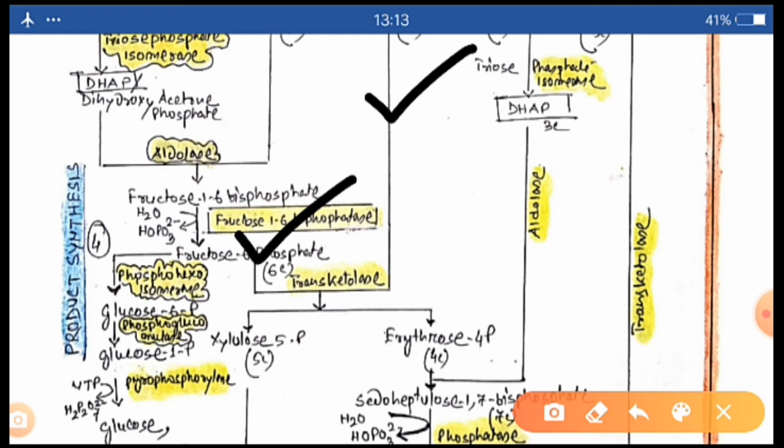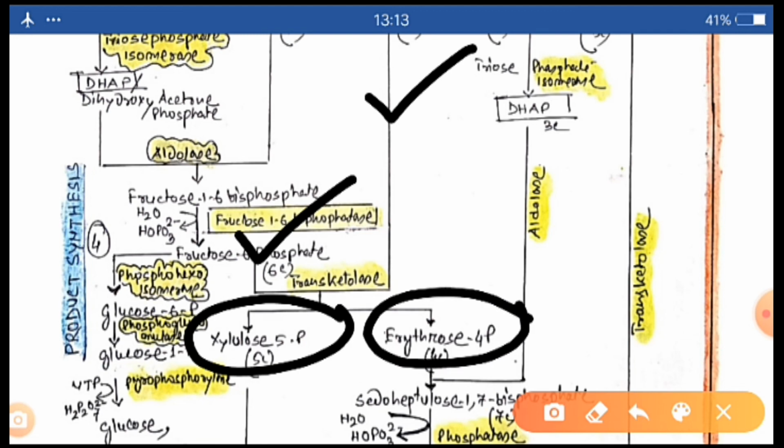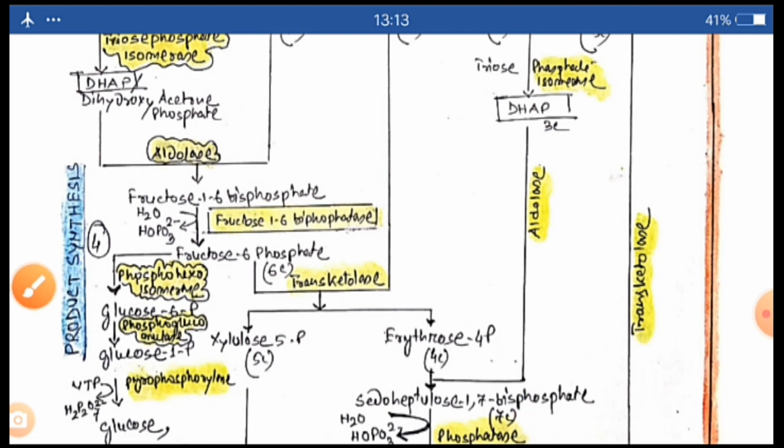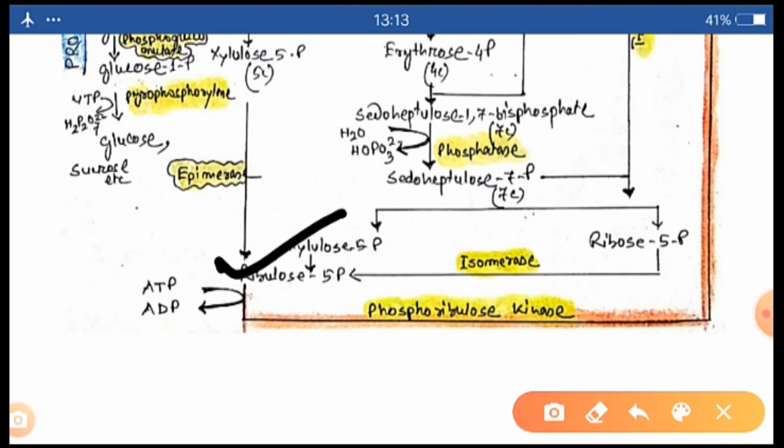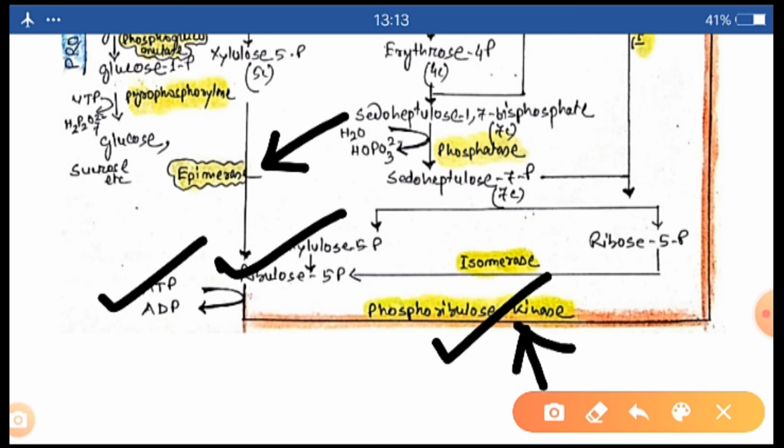These 9 carbons are divided into 2 products. One is xylulose 5-phosphate and another one is erythrose 4-phosphate. Xylulose 5-phosphate is converted to ribulose 5-phosphate by the enzyme epimerase, and ribulose 5-phosphate will be converted to RuBP with the help of ATP in the presence of enzyme phosphoribulokinase. Okay.